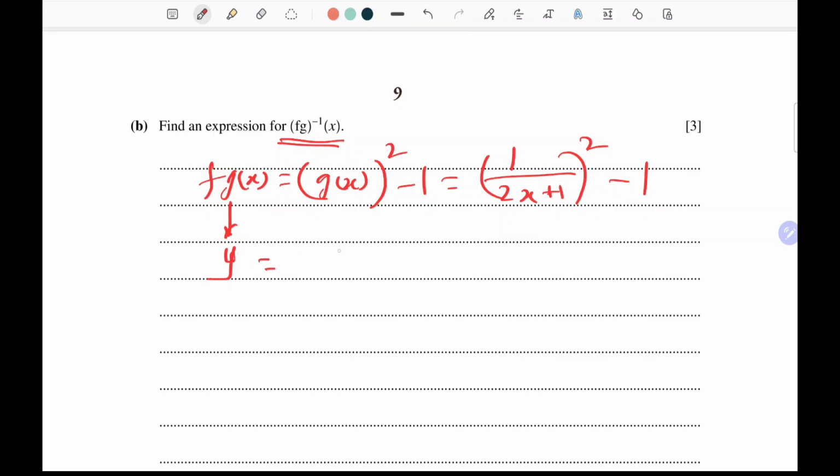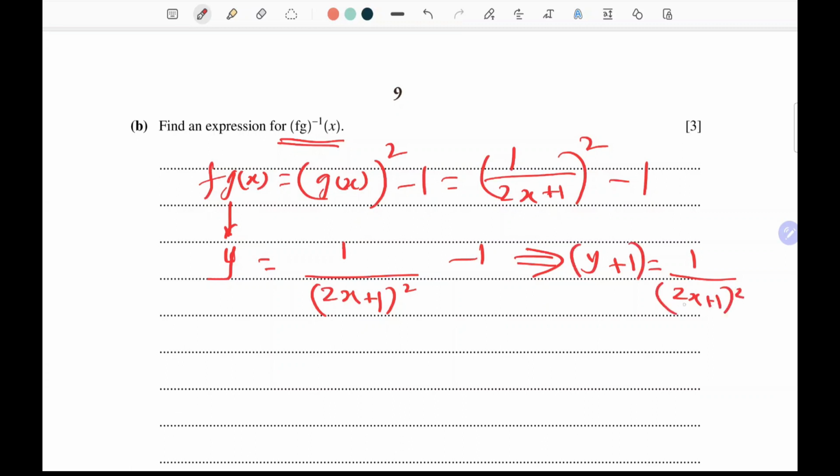So y equals 1 over (2x plus 1) whole squared minus 1, then add 1 both sides. You will get y plus 1 equals 1 over (2x plus 1) whole squared, right? Now we can write upside down, or reciprocal.